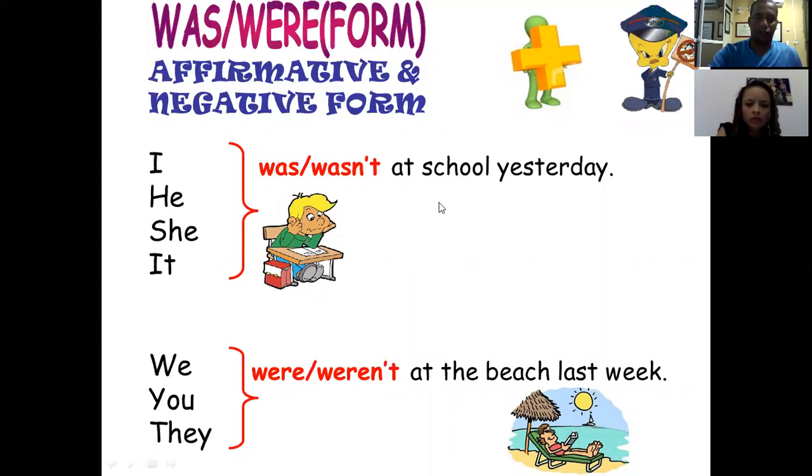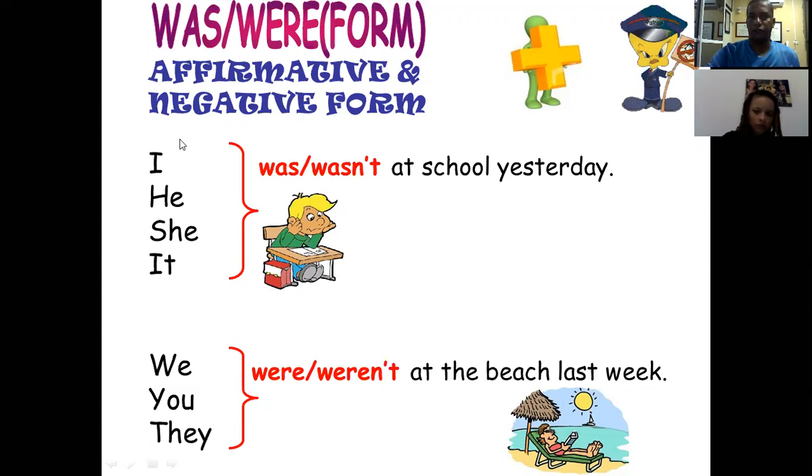We use the simple past in several situations. For example, we use the simple past when you need to express an idea, the action that started and finished in a specific time in the past. And we use the simple past to list a series of completed actions in the past.